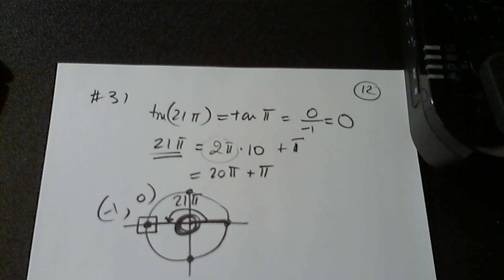Because it's sine over cosine, and cosine is -1. Careful how you use the graphing calculators I mentioned. Where's my calculator? Here. So if you want to make sure that your mode is in radian mode, and we go to tangent 21 pi, and if we don't get 0, I have to start from scratch.